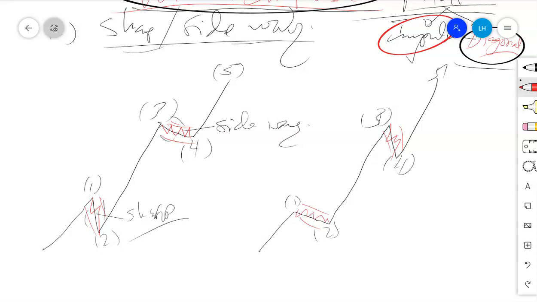Mainly, we expect the market to show us a deep correction in wave number 2 and a sideway correction in wave number 4. That's what we usually expect. But it doesn't mean that the market always must do that. No. Sometimes we expect number 2 to be sideway like this, and then wave number 4 should be deep. But in most cases, wave number 2 is deep and wave number 4 is sideway.